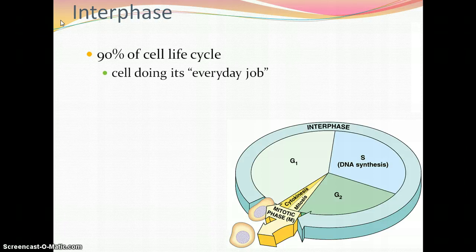Interphase is basically when the cell is doing its everyday job. During interphase, we have things like the production of RNA and the synthesis of proteins and enzymes occurring, and what that cell's specialization is in terms of its function within the organism.